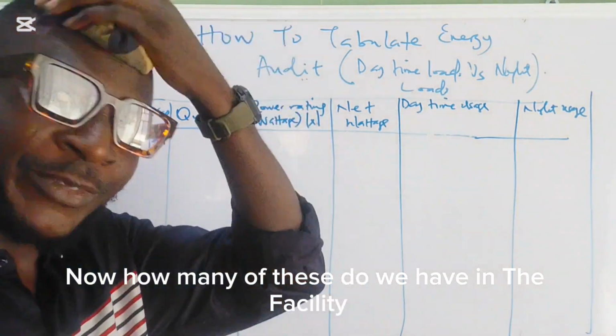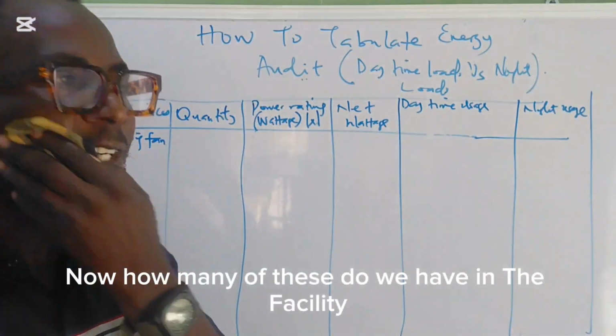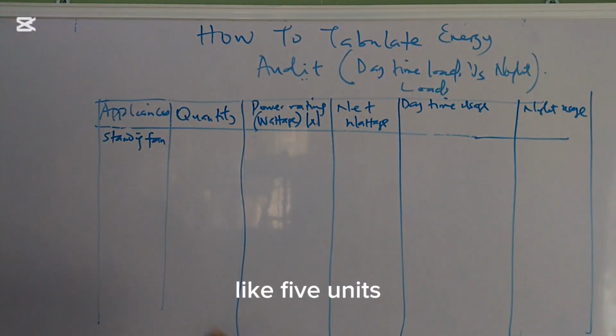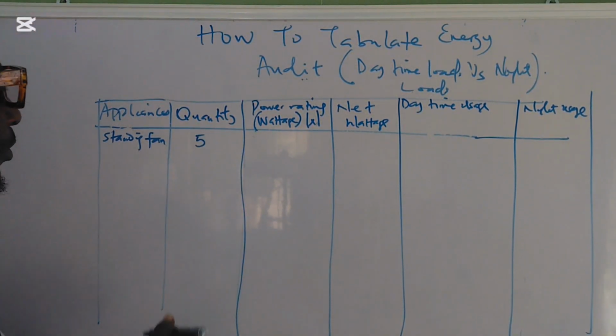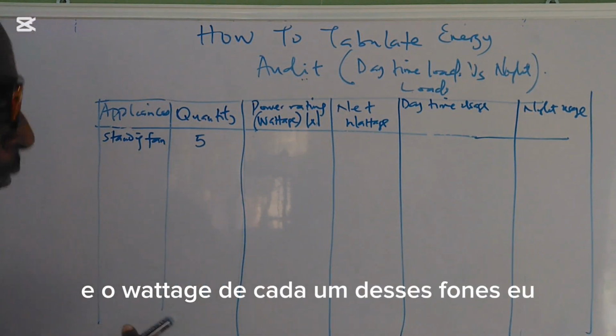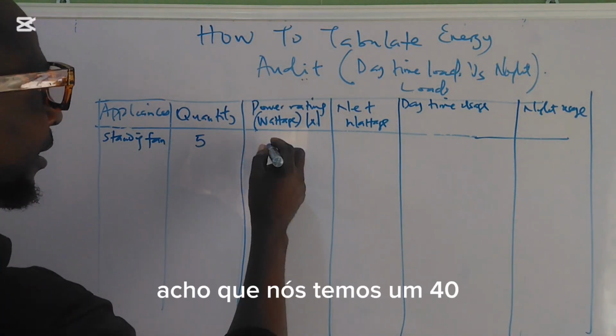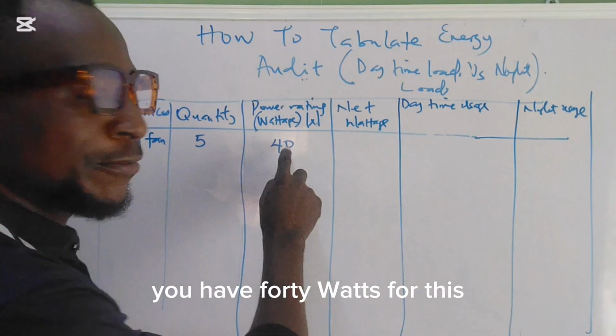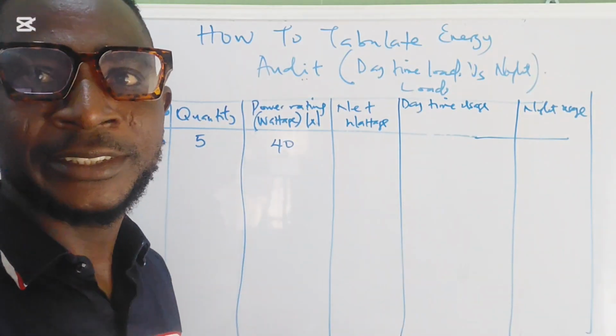Now, how many of these do we have in the facility? Let's say we have 5 units. And what is the wattage of each of these fans? Let's say we have 40 watts for this.